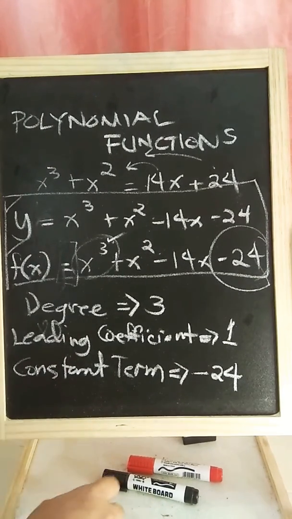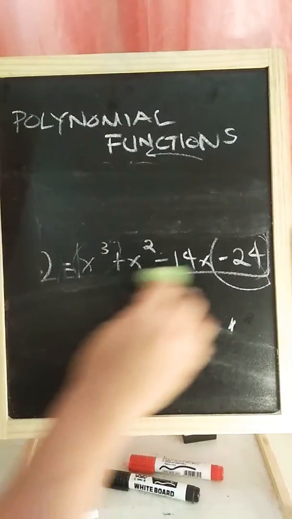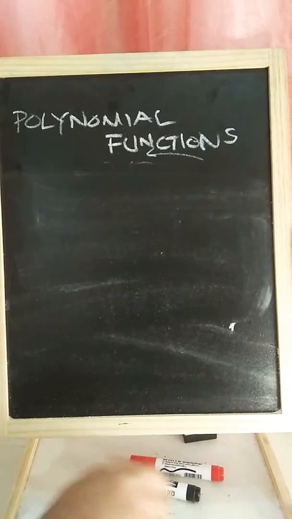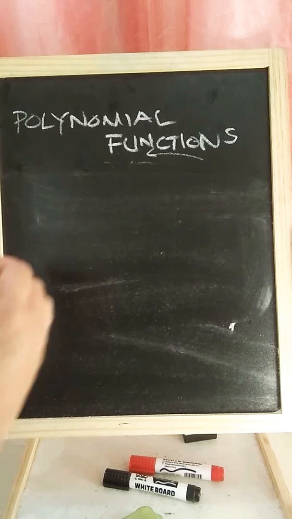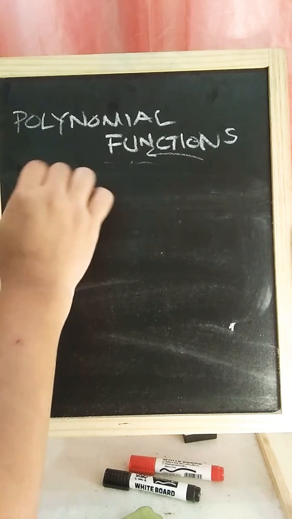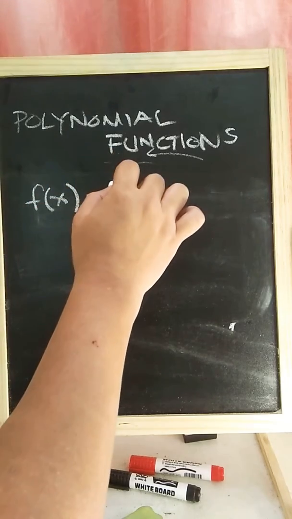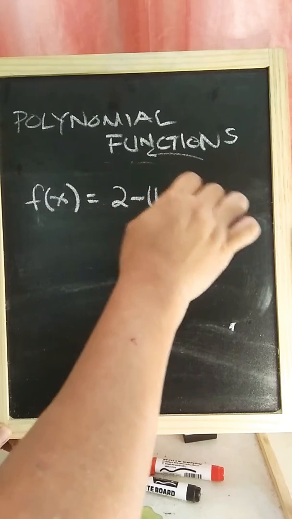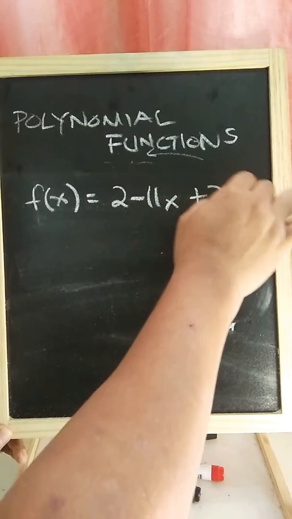Another example tayo. Okay? Let's have this example here. So, this time, for example, let's have f of x is equal to 2 minus 11x plus 2x squared.